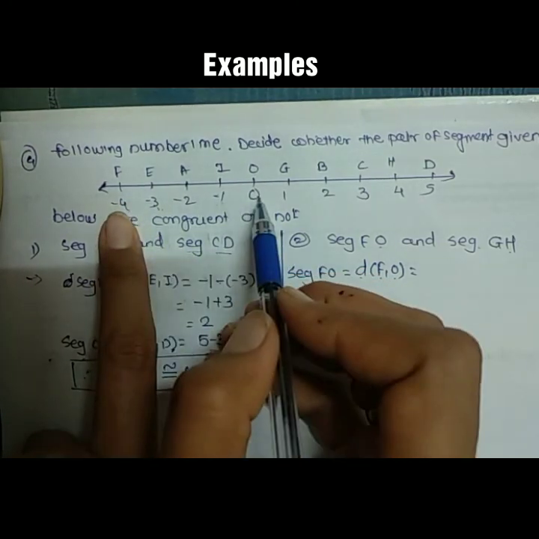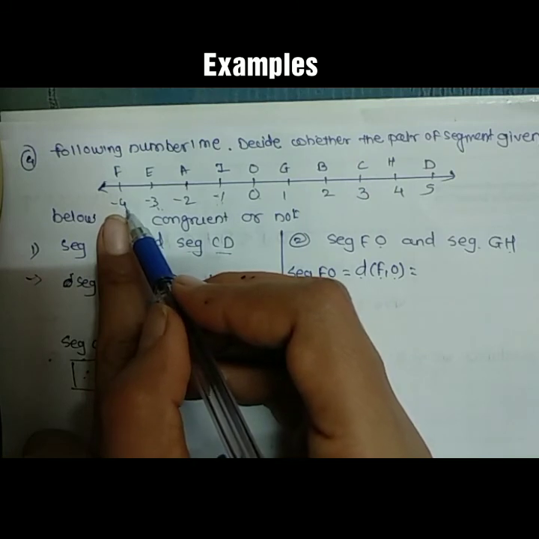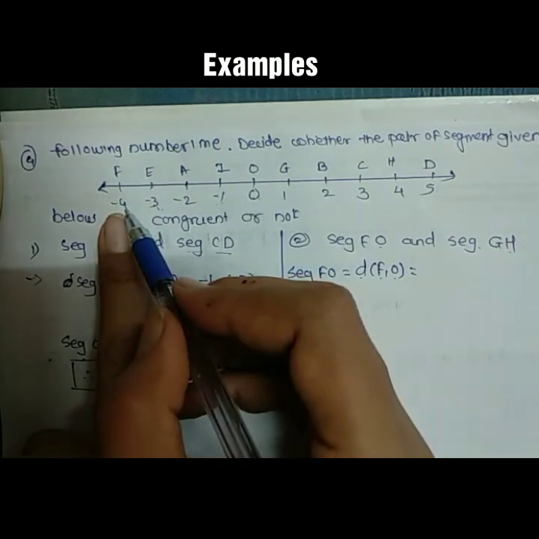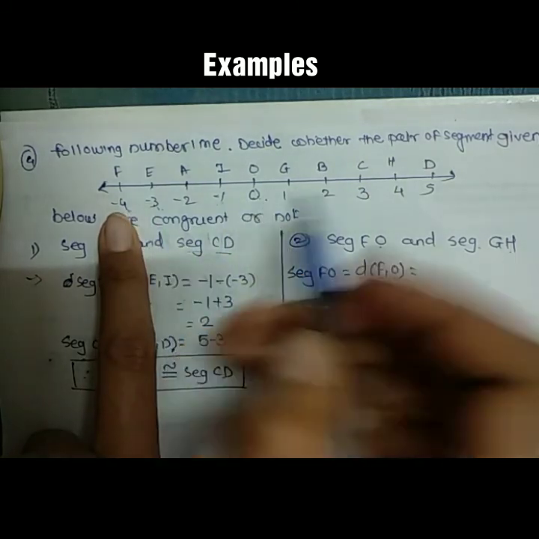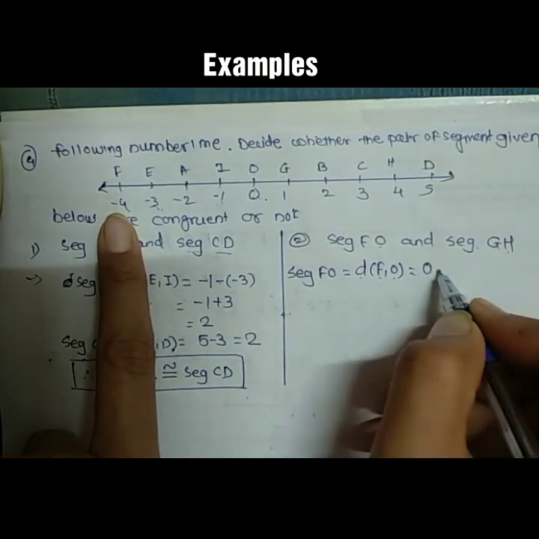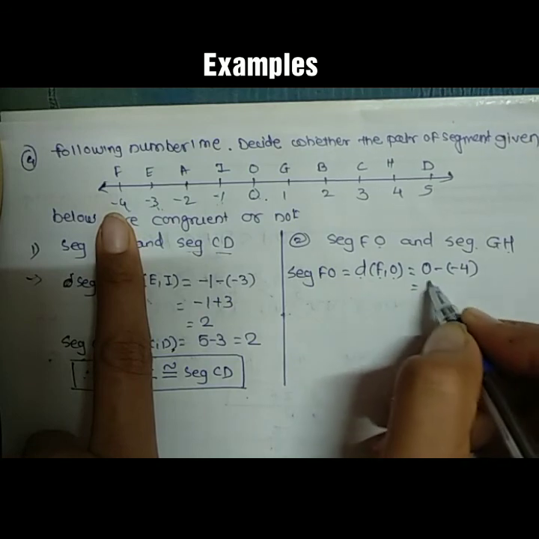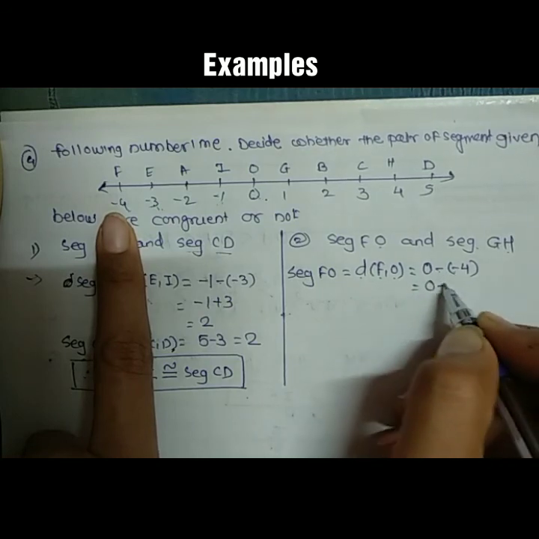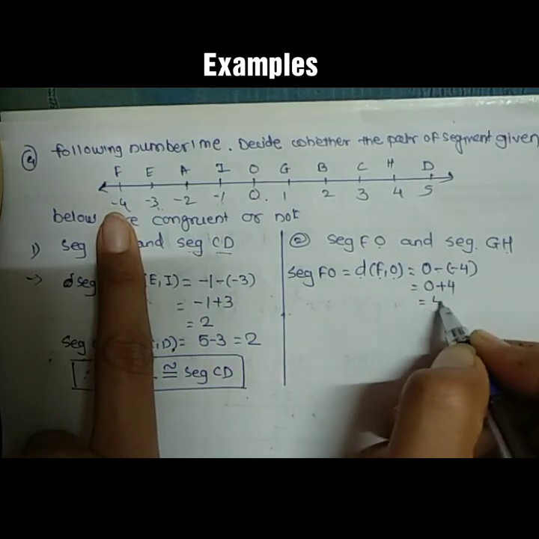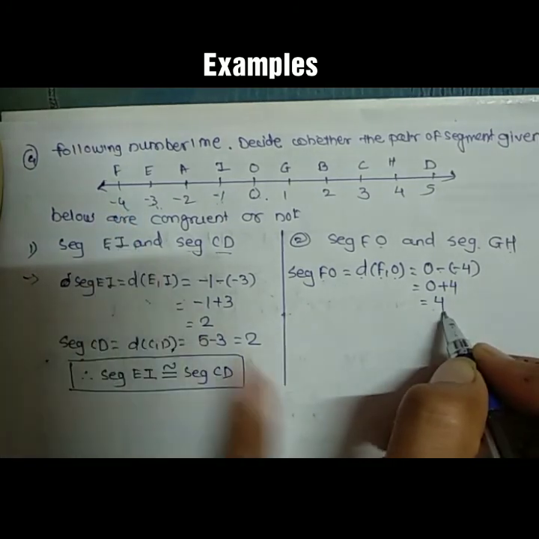Between -4 and 0, -4 is less than 0, so subtract -4 from 0. So 0 minus -4, that is 0 plus 4. The distance FO is equal to 4.